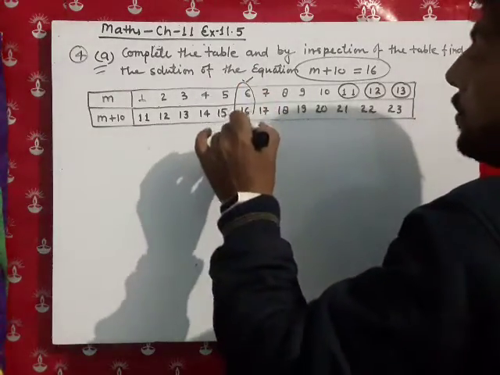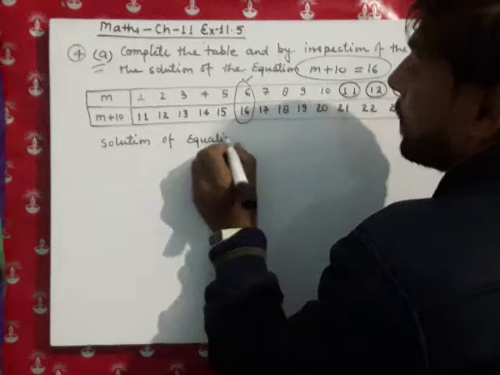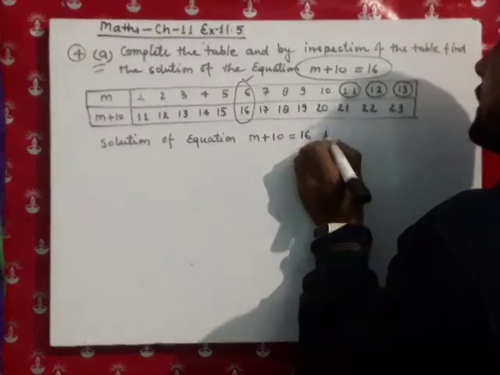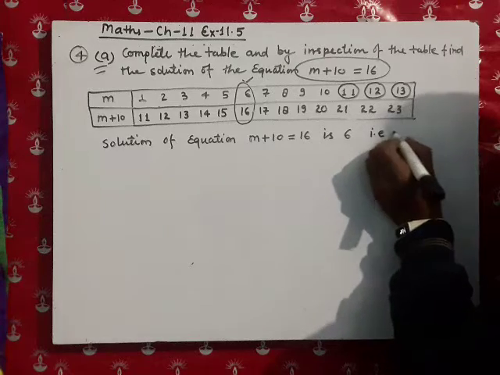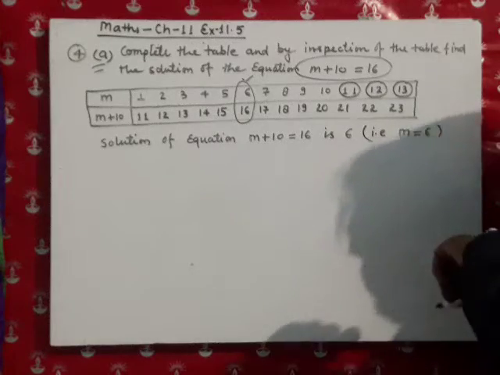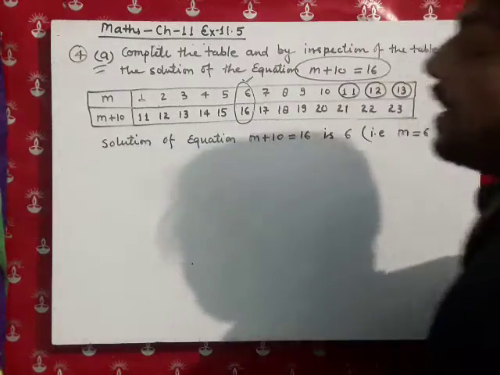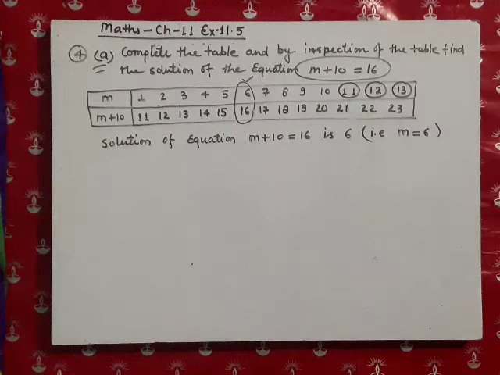So by inspection of this table, we are getting the solution of the equation m plus 10 is equal to 16 is 6, i.e., the value of m is 6. Similarly, you can do the B part of this question. I am going to the next part of this exercise.